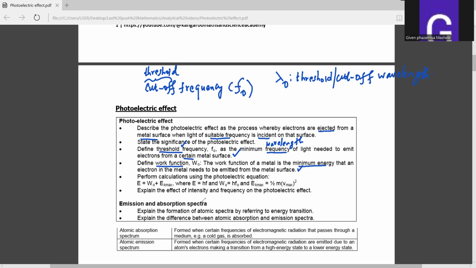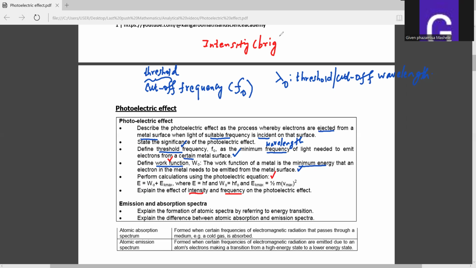It's very important. And again, we're going to perform calculations using the photoelectric effect. We'll also talk about the effect of intensity and frequency on the photoelectric effect. What do you mean by intensity? Intensity has to do with the brightness of light.